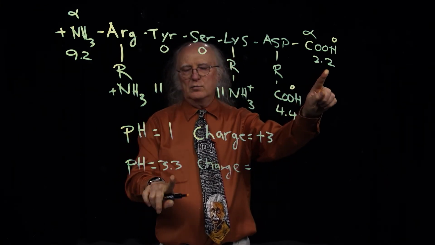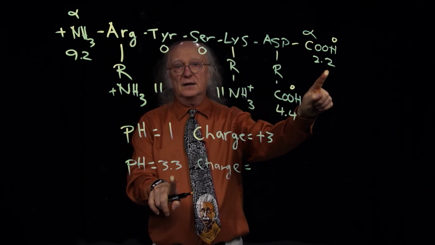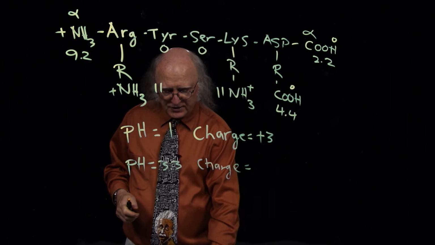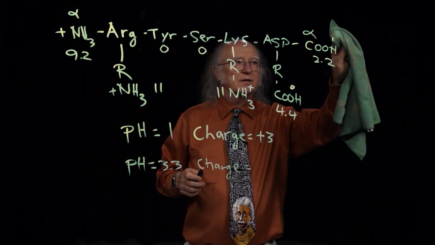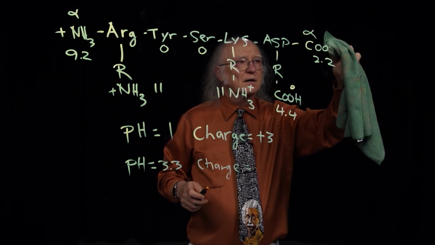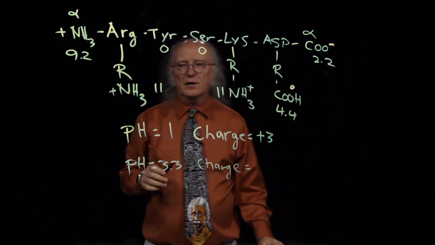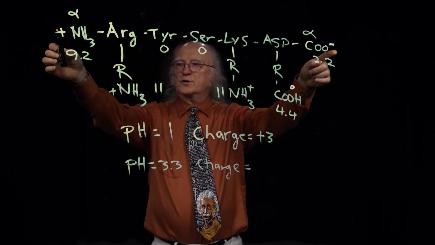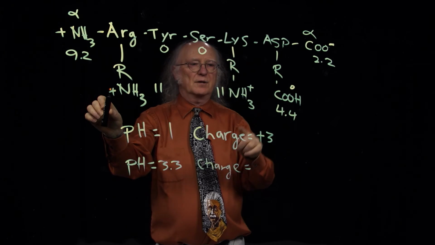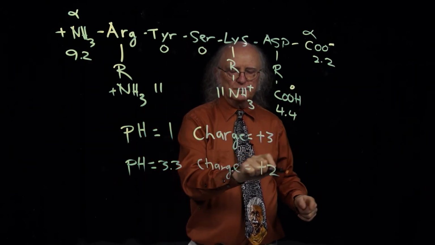But here we see the pH value is more than 1 unit above the pKa. And when the pH is 1 or more units above the pKa, the proton comes off. And when that happens, we end up with this one right here. Now we've got a minus charge where we had a plus 1 charge. Overall charge of the molecule, plus, plus, plus, minus. Overall charge is equal to plus 2.